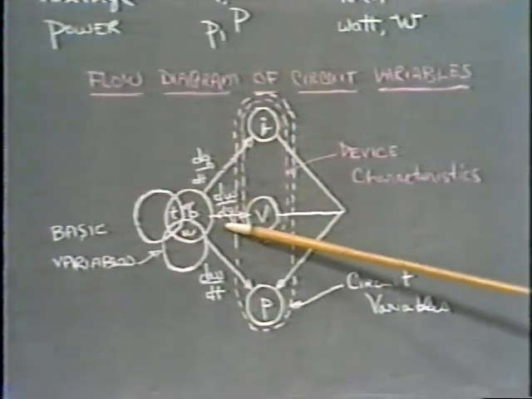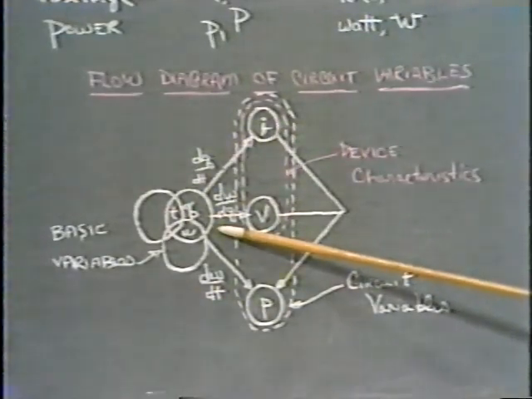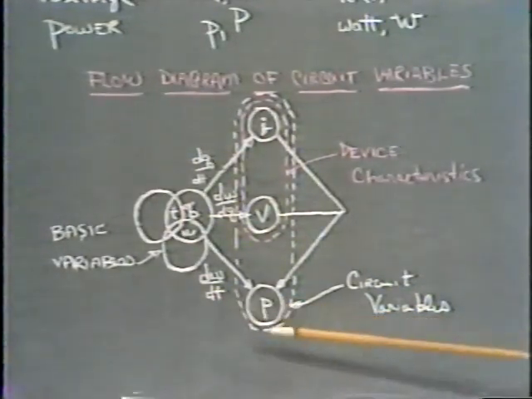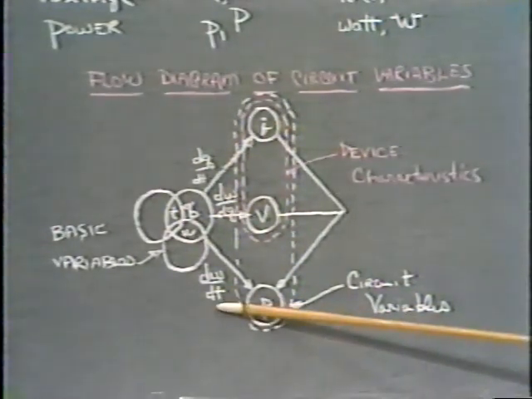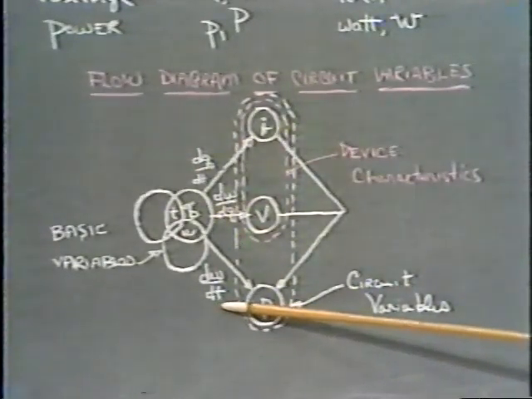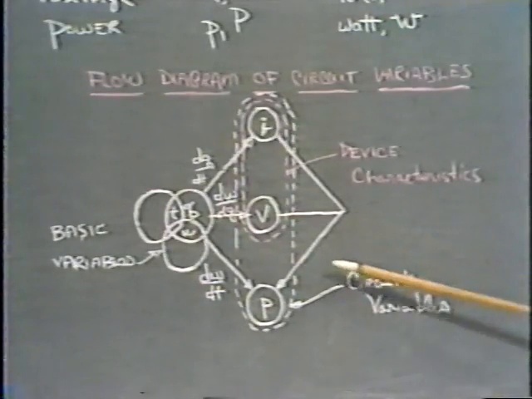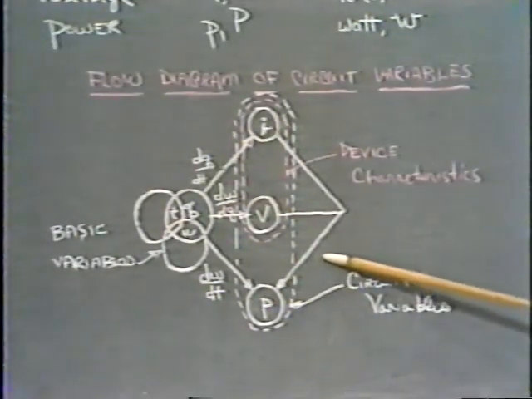The second is that of voltage, and it's defined as the change of energy for a packet of charge as it moves from point A to point B within the circuit. And the final circuit variable was power, and it's defined as the time rate of change of energy. We also found an alternate definition of power in terms of our circuit variables, that being the product of voltage and current.